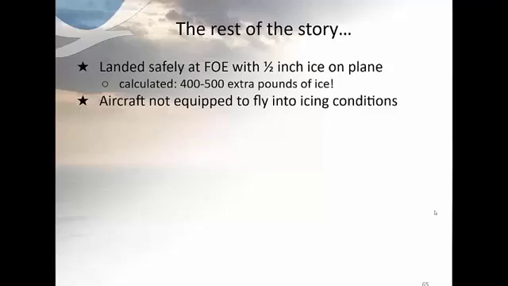And so the controllers, you know, being who they are, they wanted to calculate how much that weighed. It was about 400 to 500 extra pounds of ice on the plane. So her aircraft was not equipped to fly in icing conditions. And again, those conditions were well forecast, so you have to kind of question whether or not that was a good decision or not.